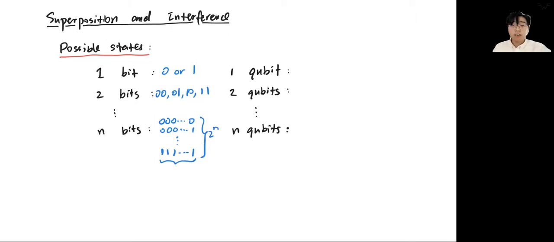Okay, so let's now take a look at what a qubit is. For qubits, we will need this notion of superposition. A qubit can be in the state 0 and 1 at the same time.